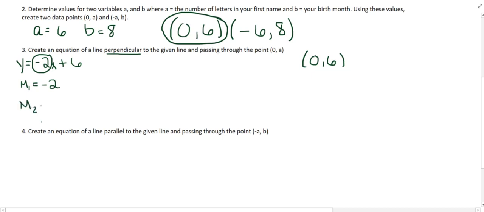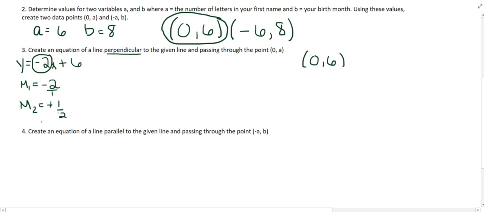So I want it to be opposite sign, so this is going to be positive, and then the reciprocal means that if this were a fraction, I would flip it. So making this into a fraction, it becomes negative 2 over 1, then I'm going to flip it, 1/2. So the slope of the line perpendicular to this line is positive 1/2.